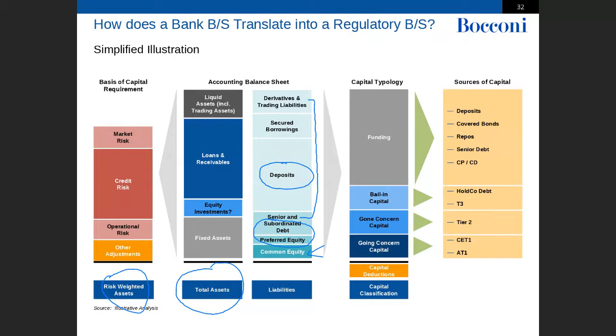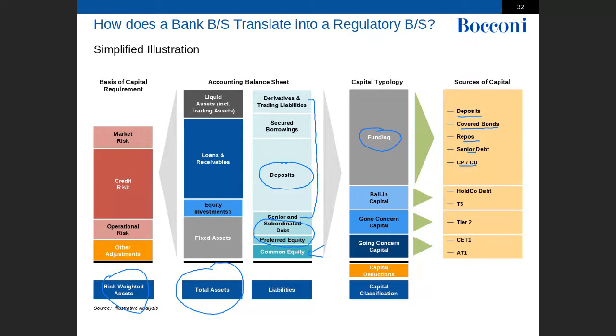Regulators have been working on how to create an asset and liability structure that provides comfort to market participants and the world in order to avoid the crisis that took place in 2008 and 2009. So basically, the funding has to be a combination of deposits, covered bonds, repos, senior commercial paper.